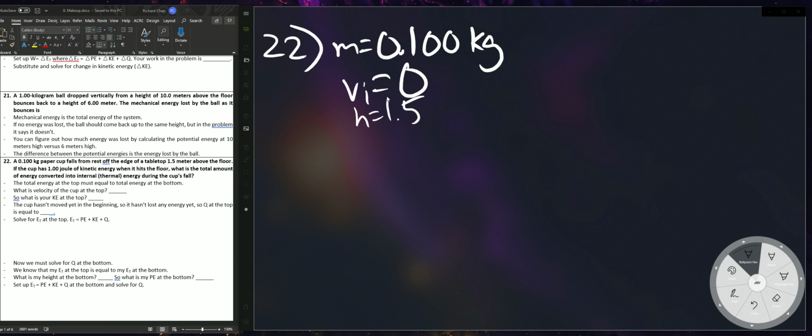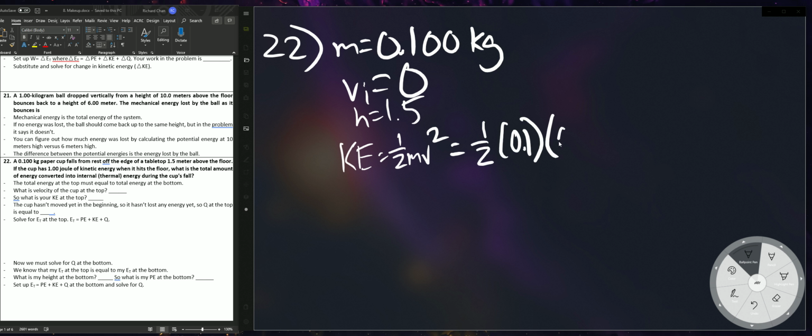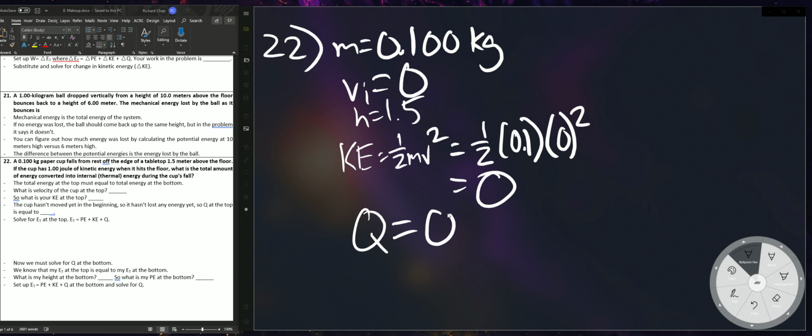So what is your kinetic energy at the top? Your kinetic energy is 1 half mv squared. So 1 half times 0.1 times v squared is 0, since you have no velocity at the top. The cup hasn't moved yet. So you didn't even lose energy yet, so your Q at the top is 0 as well.